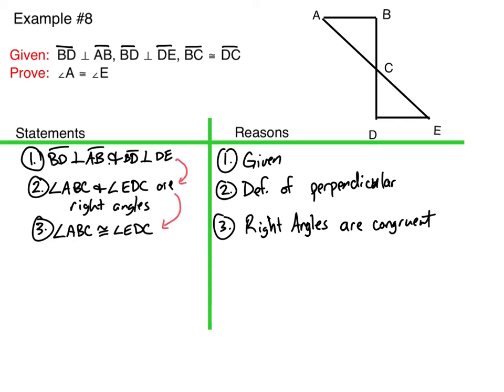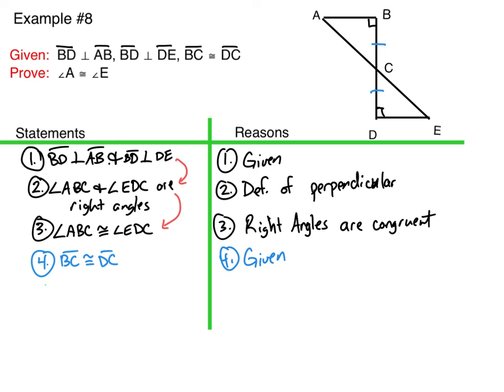All right, and then next I'm going to use my other given in step 4. BC is congruent to DC. Reason 4 is that it is given. And I should label here, so I have a right angle, BC and DC are congruent.